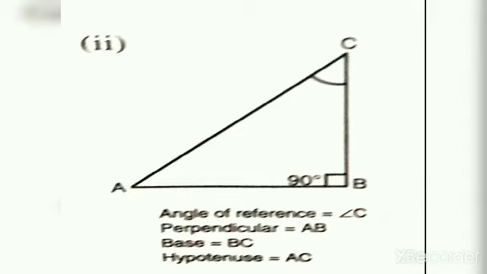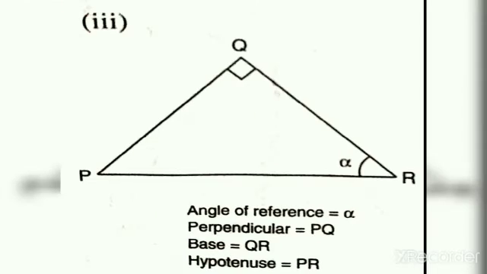We'll see one more example. Here you are going to take angle C as a reference angle. Opposite to it will be the perpendicular, that is AB, adjacent to it will be the base, that is CB, and opposite to the right angle will be the hypotenuse, that is AC. Let's take one more example. Here angle Q is a right angle and angle R is a reference angle.